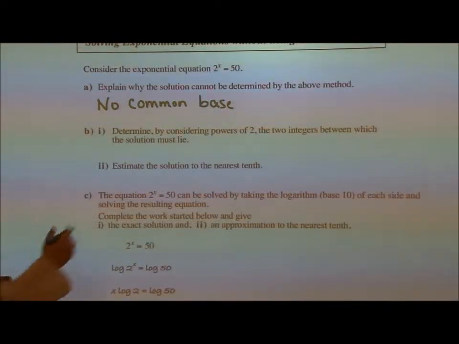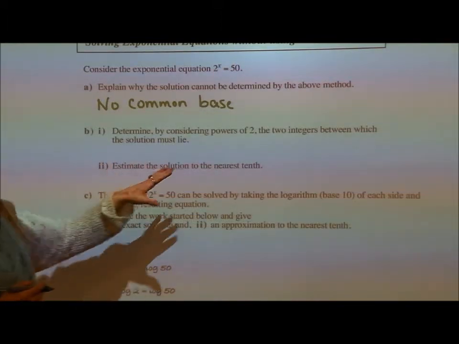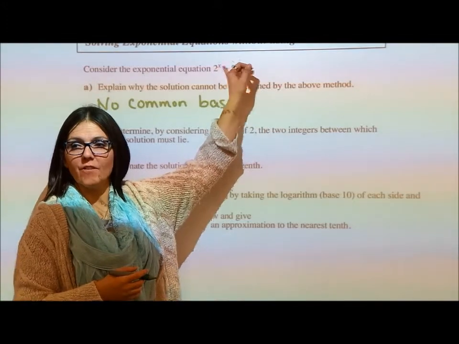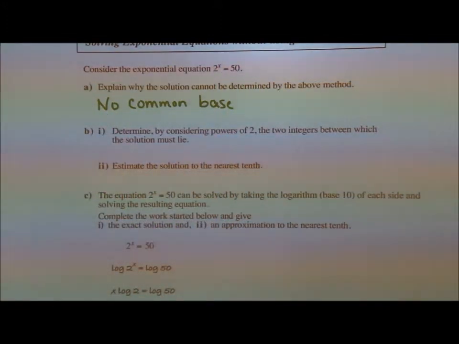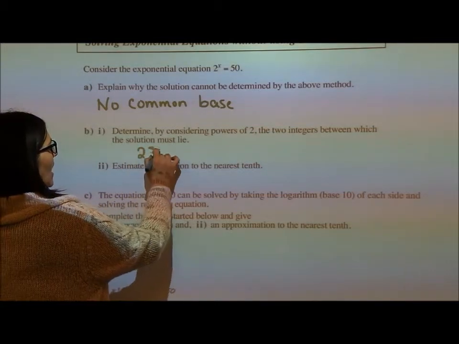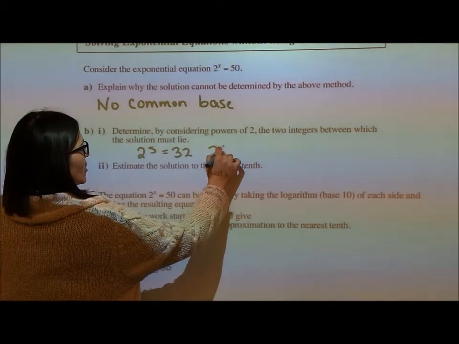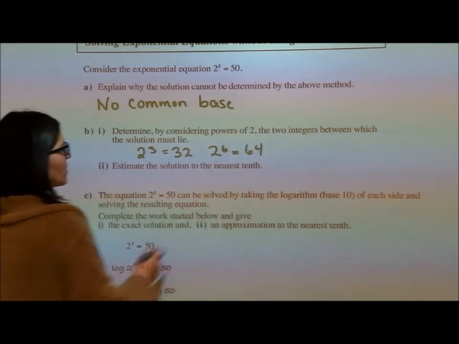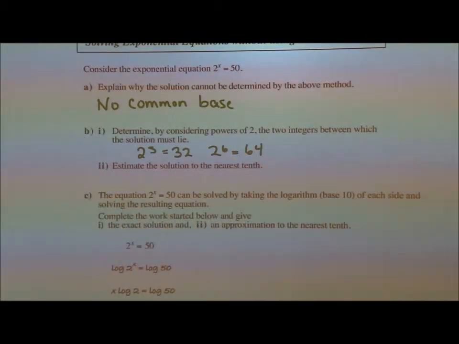If I think of 2 squared is 4, 2 to the power of 3 is 8, what two powers would be on either side of 50? So 2 to the power of 5, which is 32, 2 to the power of 6, which equals 64. So the solution has to lie between 5 and 6.